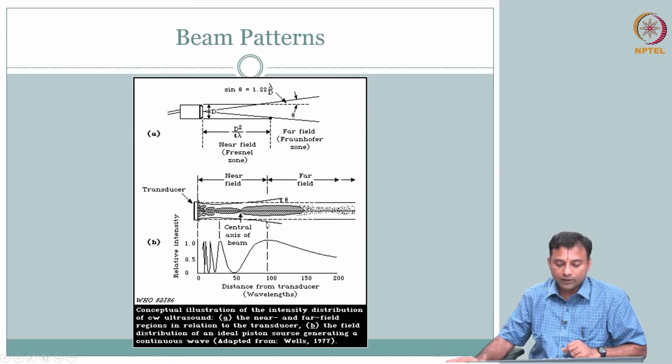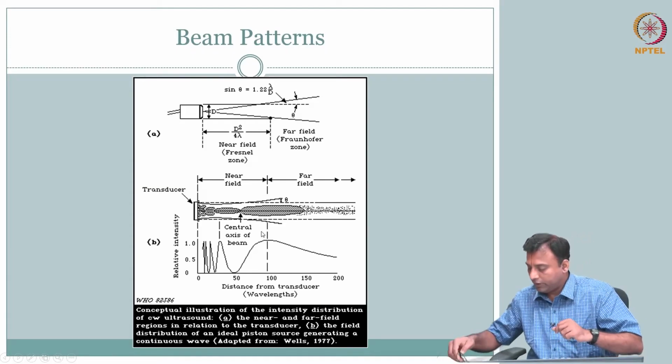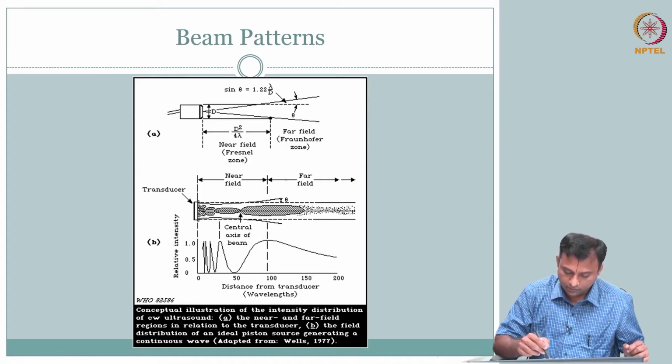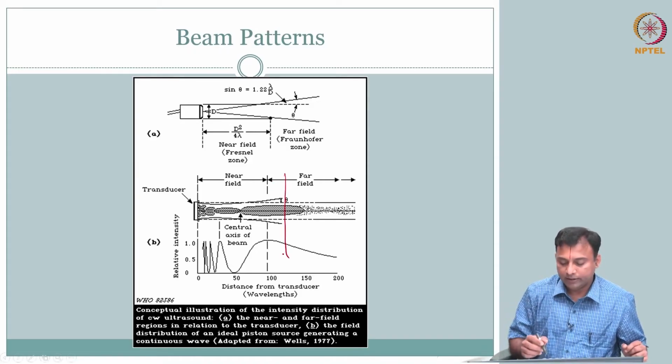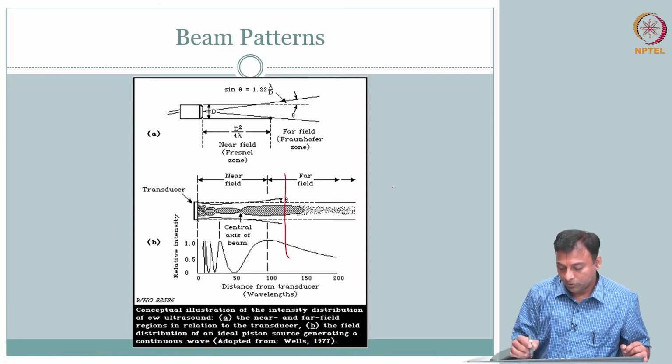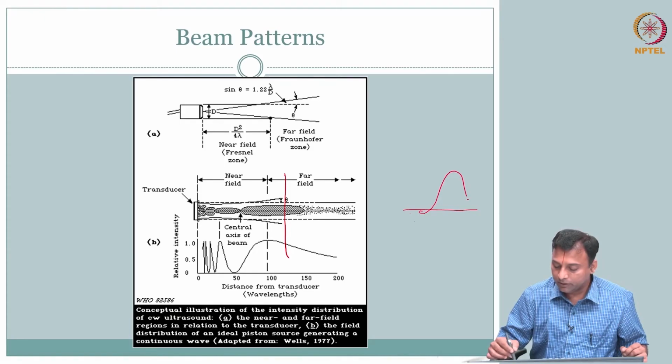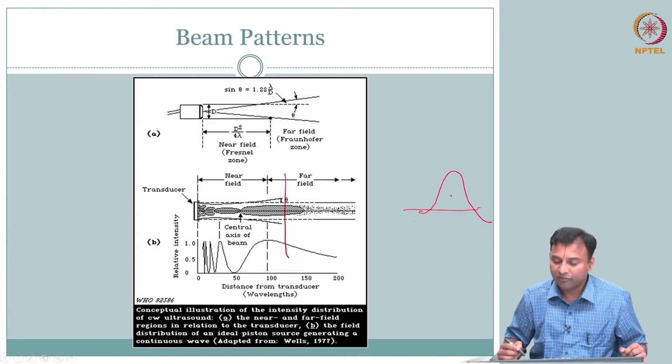So, if you take a cross section, right, if I am to do the intensity there, I am just doing a rotation so that it is easy for me to draw. What you are going to see is predominantly an intensity map like that. This is in the far field.